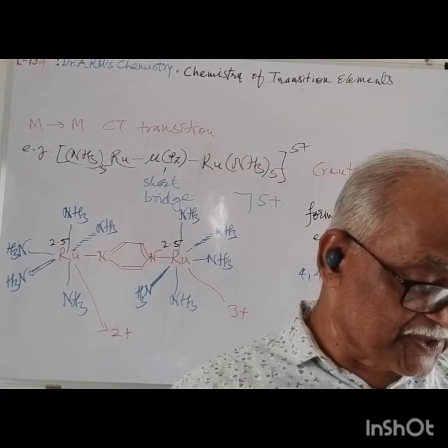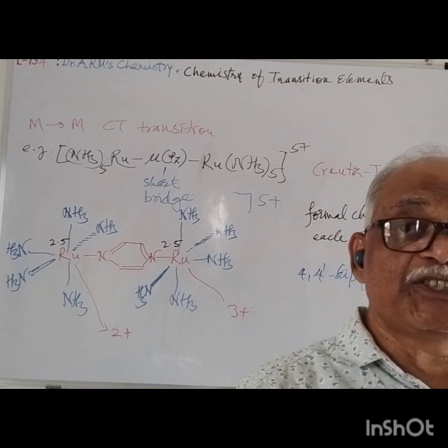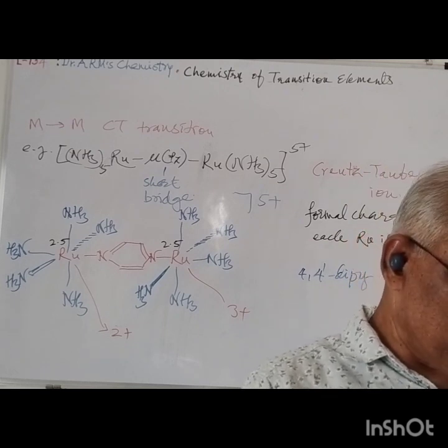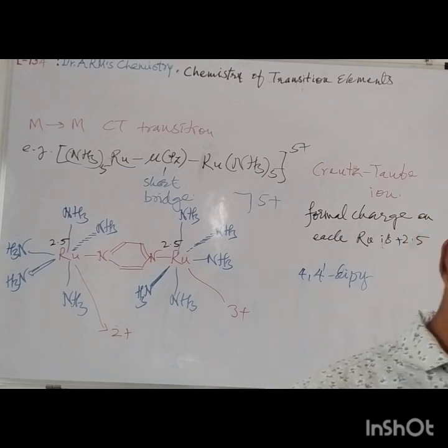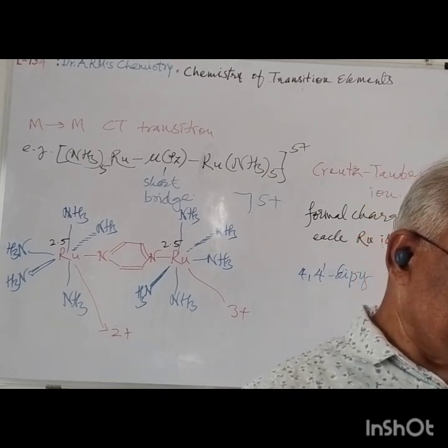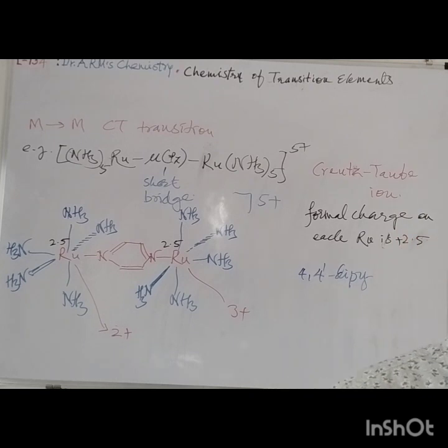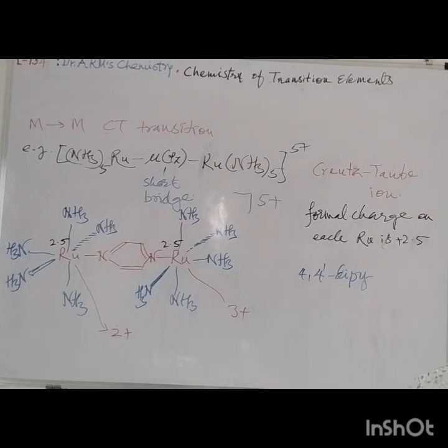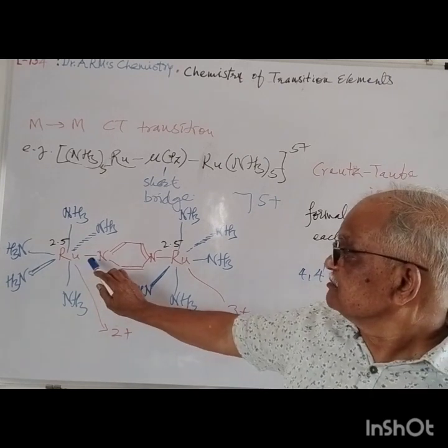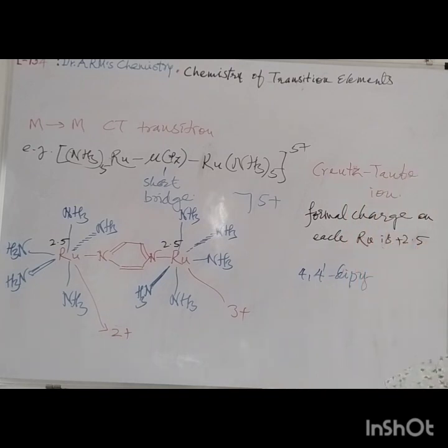As a result of this, the delocalization of electrons is difficult. So in that case, one of the metals has higher oxidation state and another metal will come into lower oxidation state. The charge transfer is possible only if this bridging ligand is shorter.